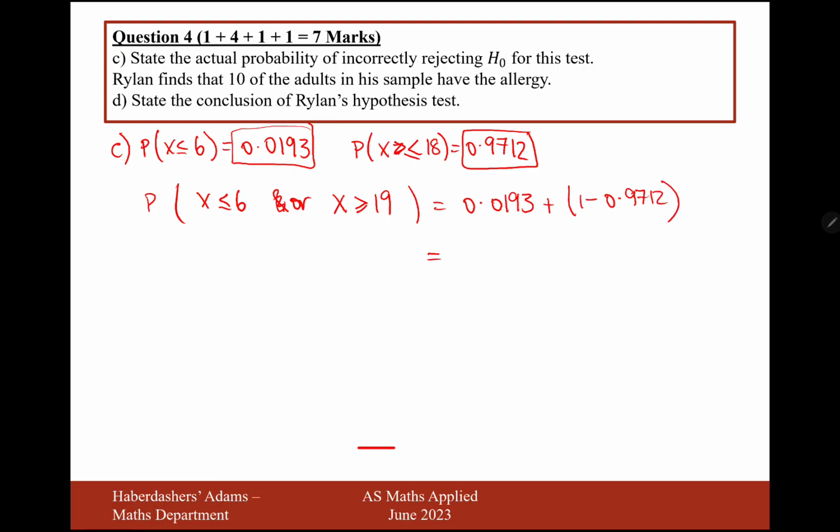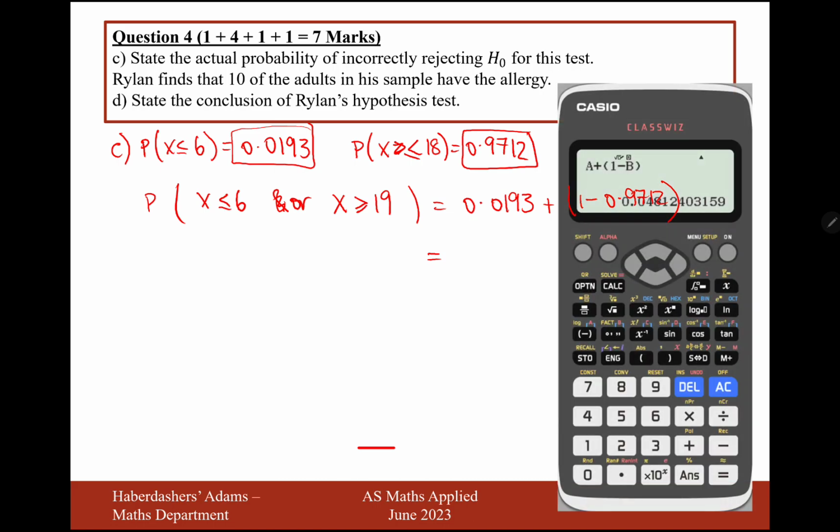If they're in this region, then we are going to reject H0. So the probability of incorrectly rejecting H0 would be this probability here as well. So I'll need to find that calculation on my calculator. I've labelled these as A and B on my calculator to save a bit of time, and I get the probability of 0.048. That would be the probability of incorrectly rejecting H0, because that's the probability that it would be in this region.